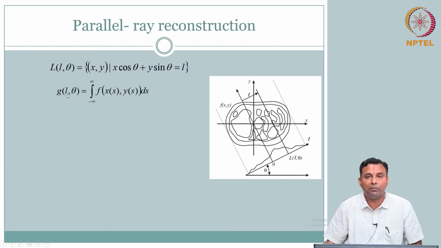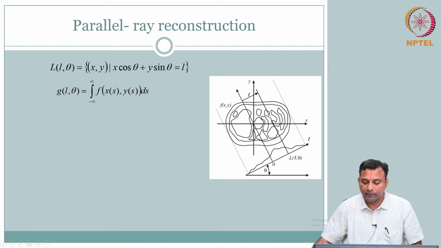So g of l comma theta is nothing but the integral of f of x of s comma y of s ds. So your projection is the summation of f of x y, the object, along this line, x of s, y of s.